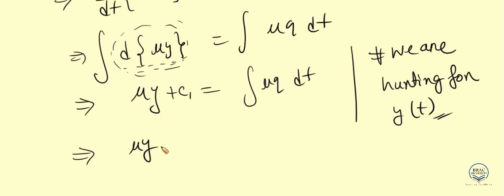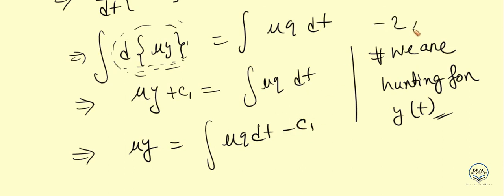So first you take this c1 up to this side, so this will be mu q dt minus c1, and you can replace this minus c1 by some plus c, because it's just a constant. For example, if you had minus 2, you could always write it as plus minus 2, and if you called it c1, you can call it c. It doesn't matter.